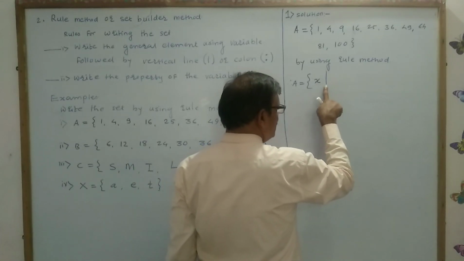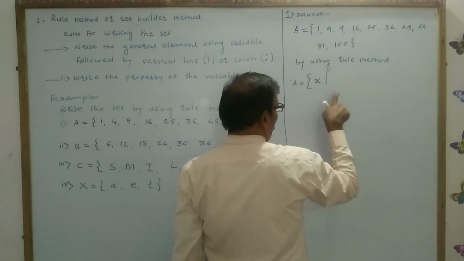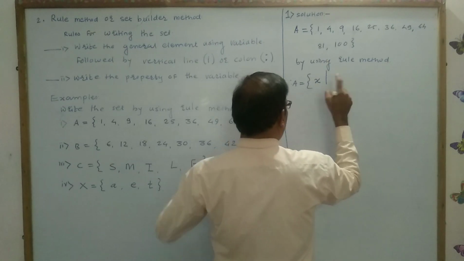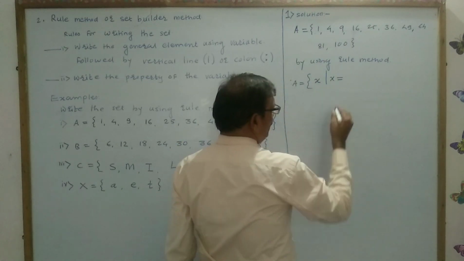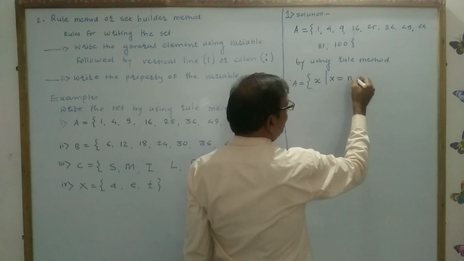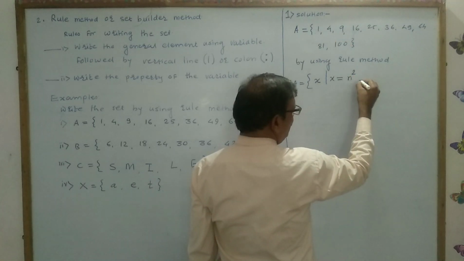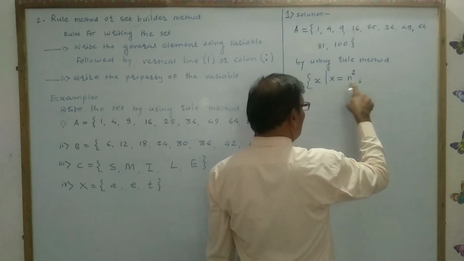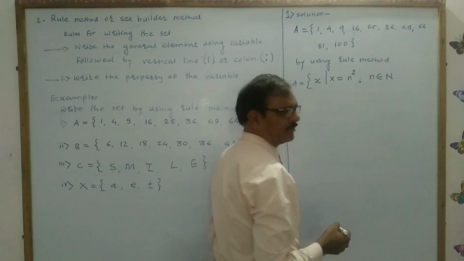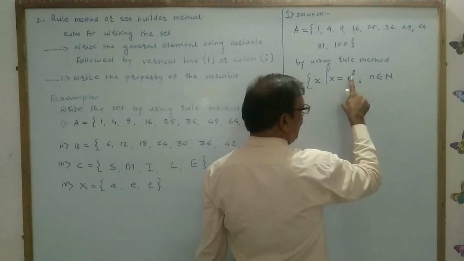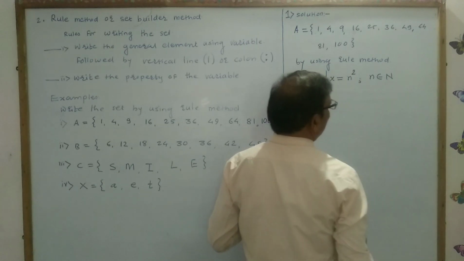So X such that X is equal to, these are perfect squares. So take N for this number, N squared, then comma. This N belongs to the set of natural numbers, means the value of N will be 1, 2, 3, 4, 5, like that.